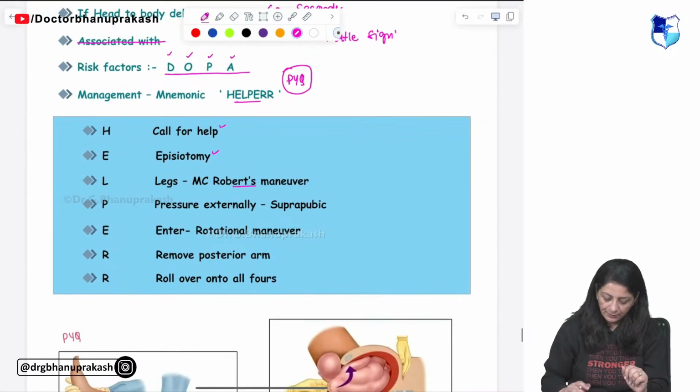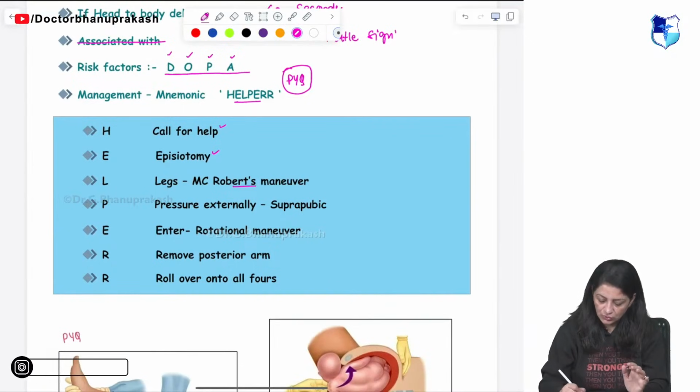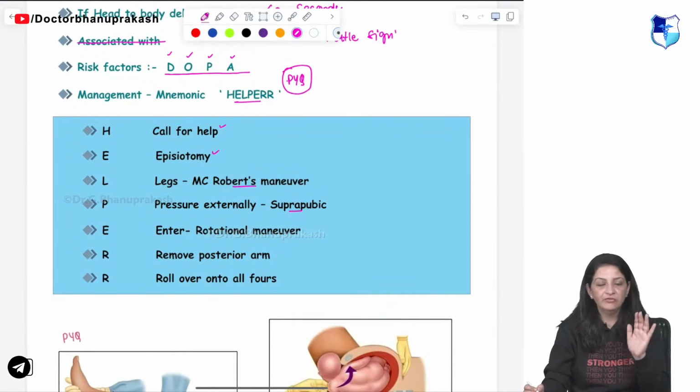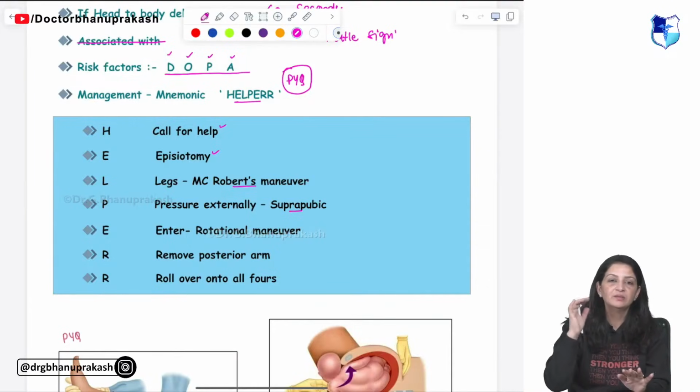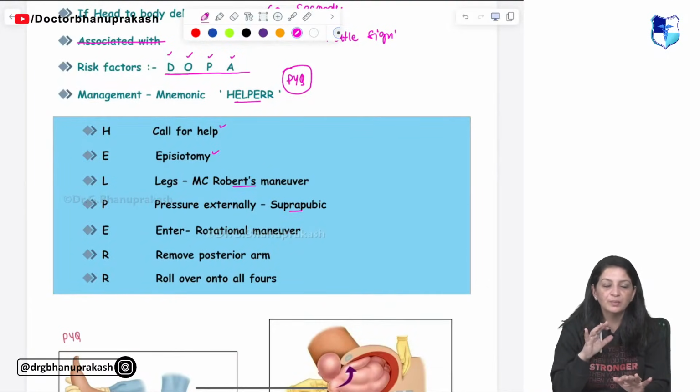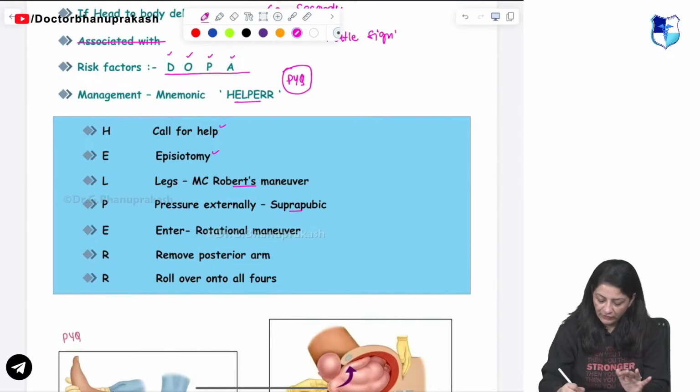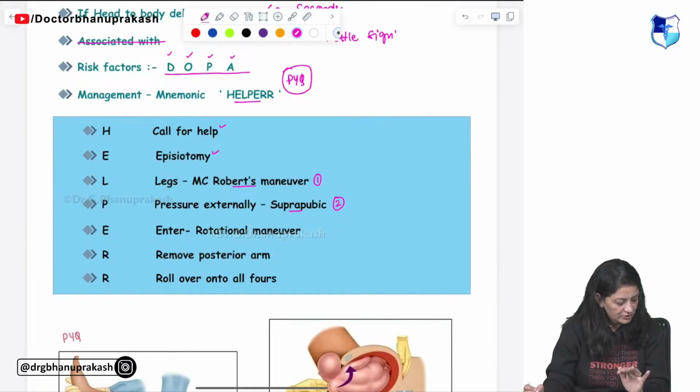P means pressure externally, suprapubic. First step McRoberts, along with suprapubic pressure.